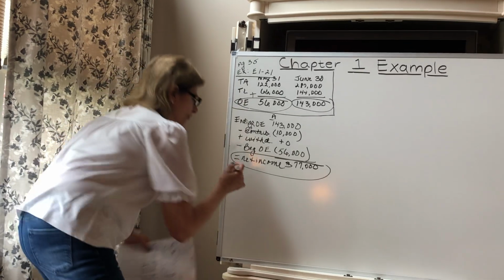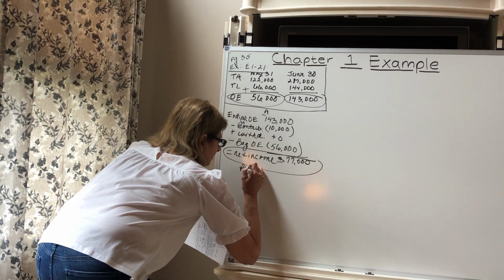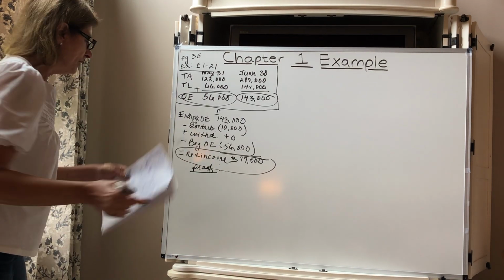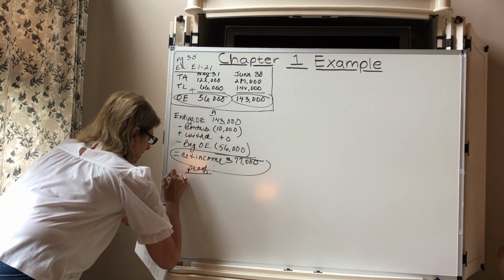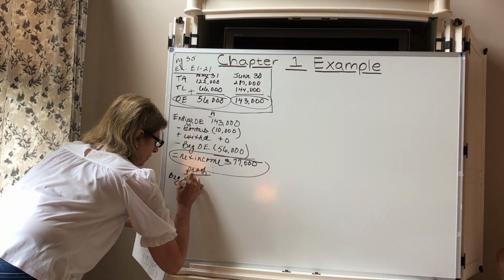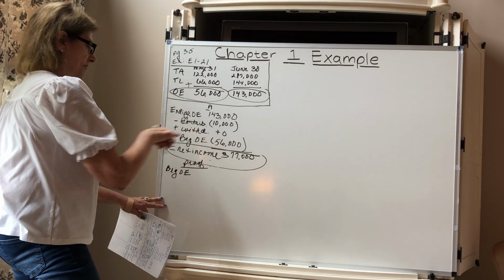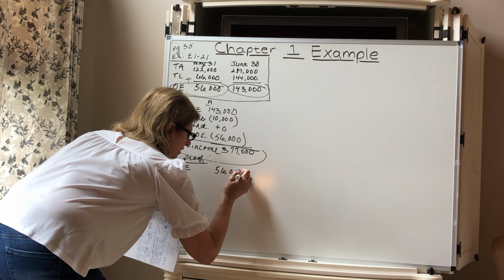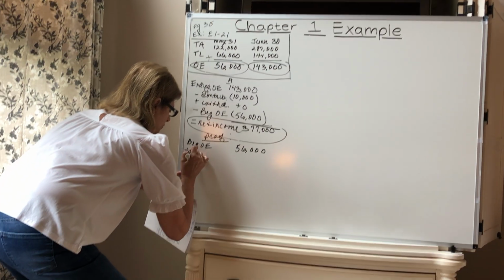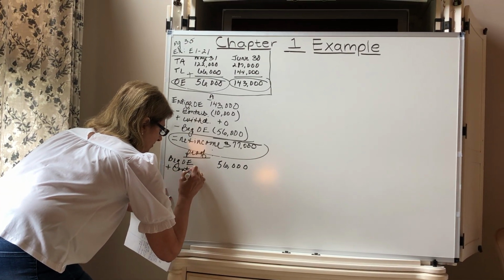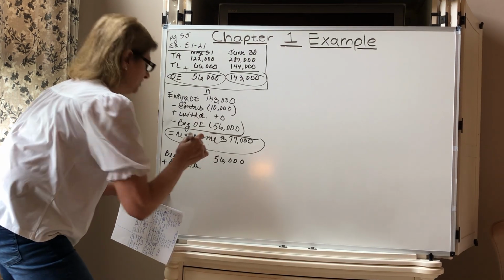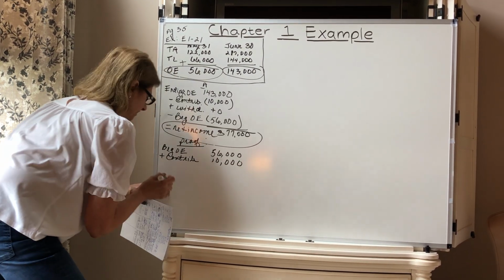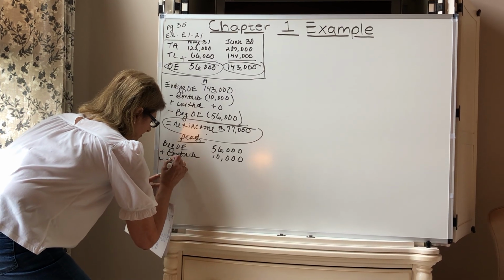Okay, so let's prove it. Now we start with beginning. Beginning's 56. We're going to go with our regular linear formula: plus contributions of 10, plus net income.